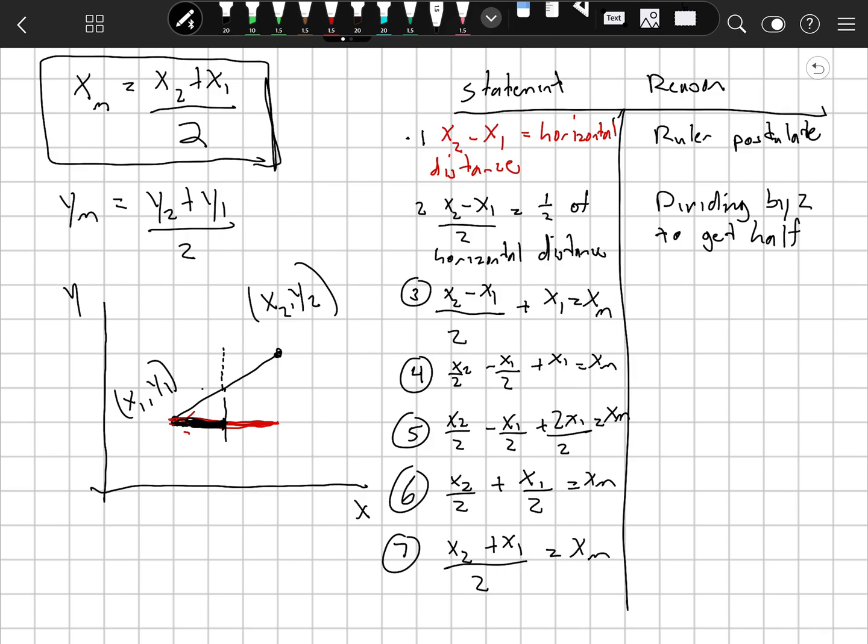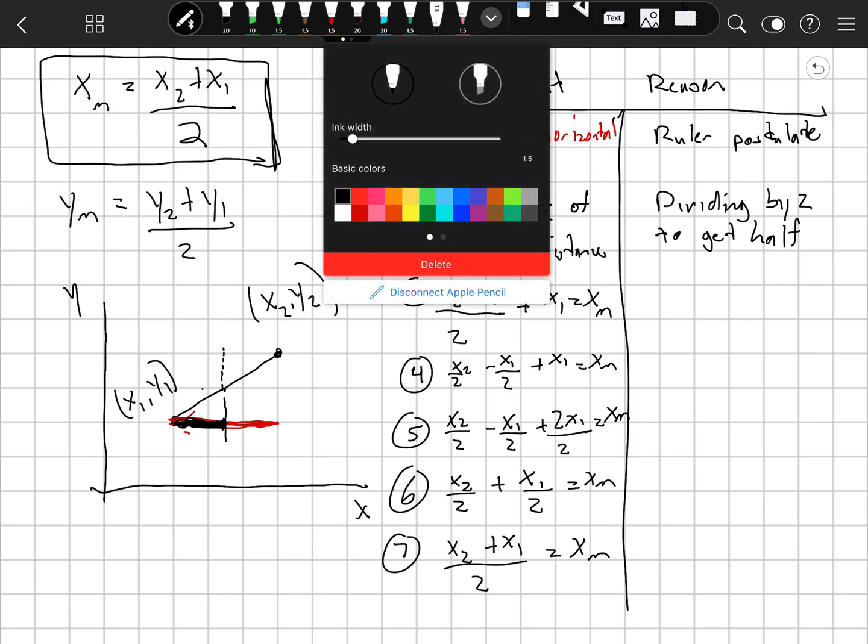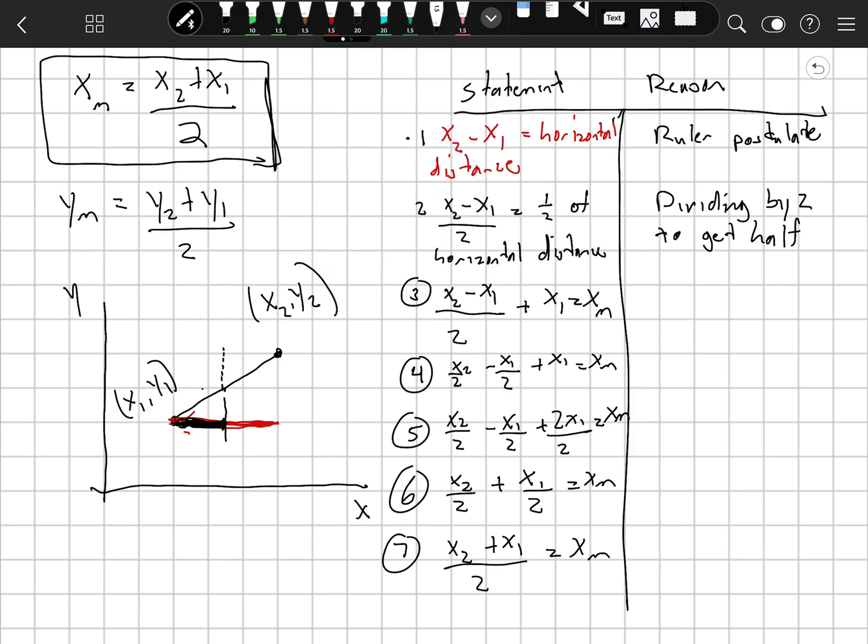Now we've got this little black line segment. Step 3 says X2 minus X1 divided by 2, plus X1. So we're going to add this distance right here to X1. We add those two things together, and then we get this whole distance from here all the way over to there, which is going to give us the X coordinate for the midpoint.